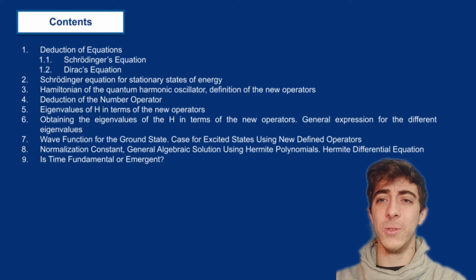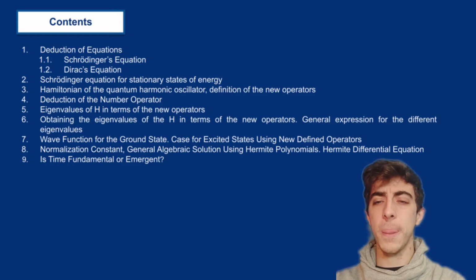Finally, and to finish our video, we will talk a little bit about the Klein-Gordon equation, and then we will do a little discussion about if time is emergent or not.